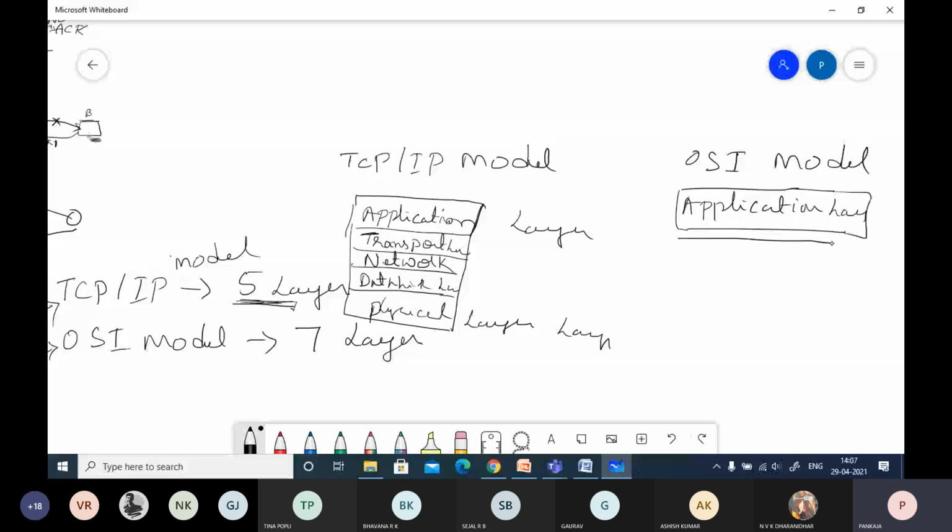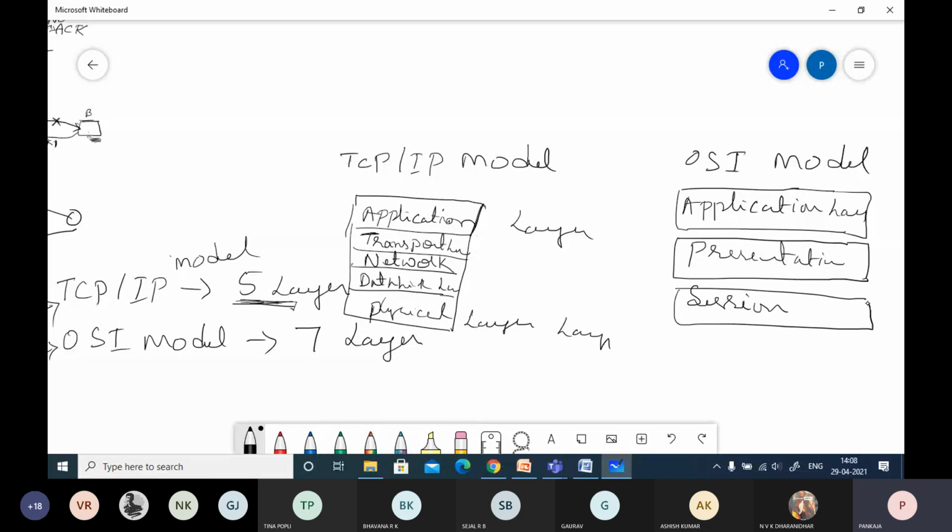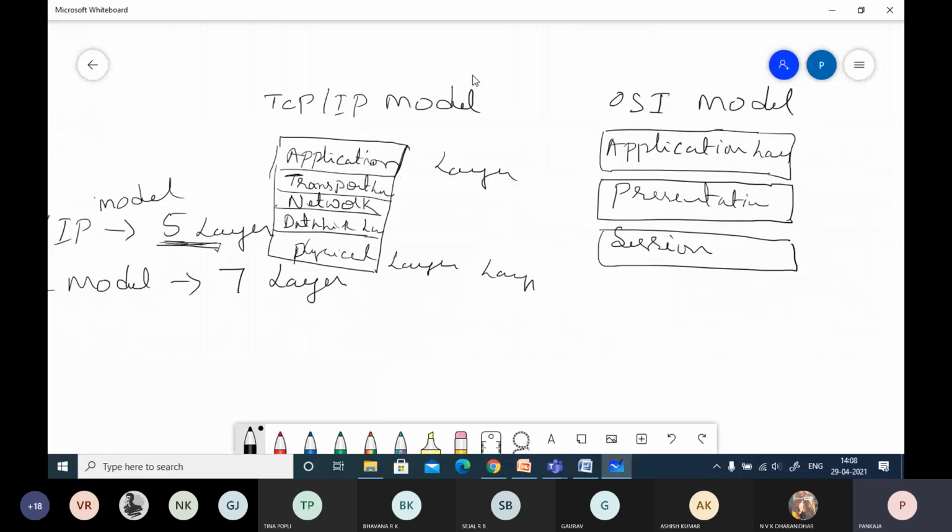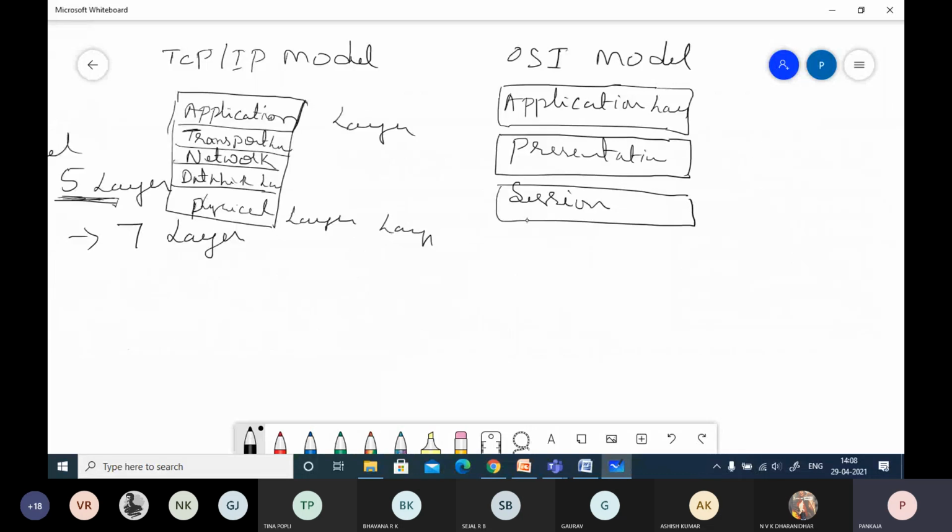Then the next one is the presentation layer. Then the session layer. Then the remaining one, that is the transport layer.